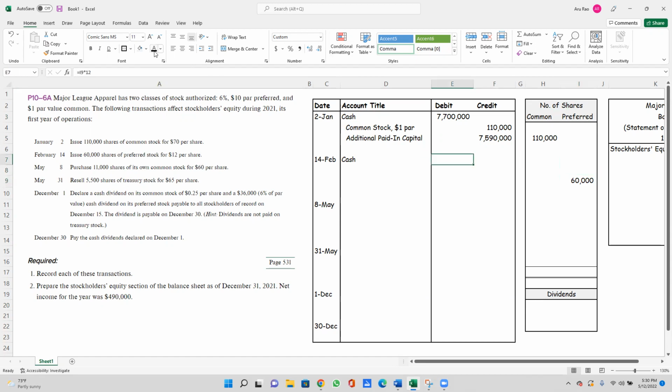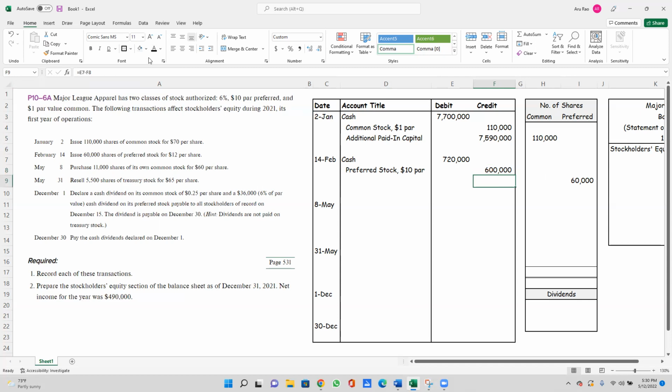So cash is going to be debited 60,000 times 12 because that's how much I sold the shares for. Once again, I will credit preferred stock $10 par because that's the par value. Cash is debited 720,000, but preferred stock can be credited only 600,000, 60,000 times 10.